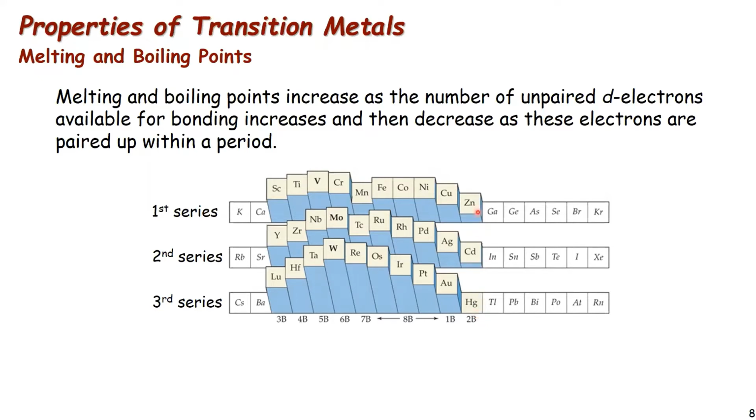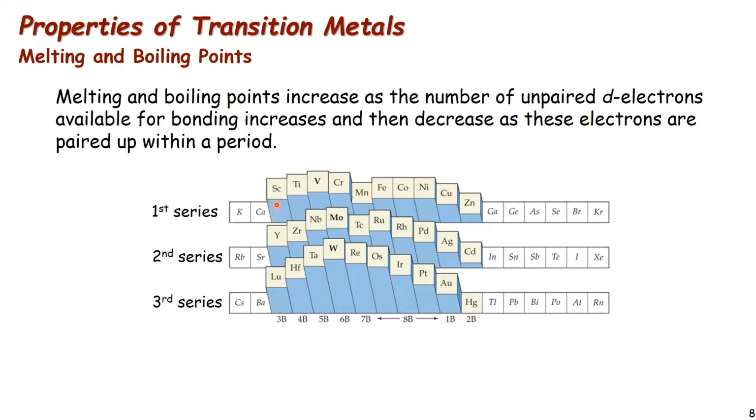So with no unpaired electrons, you can see that the melting points of these metals are much, much lower. In fact, mercury is actually a liquid at room temperature. So again, much weaker bonding, okay? Now there is this weird little indent where you would expect to have the highest melting point. And again, the reasons for that are well beyond this course, why we have this little dip here.